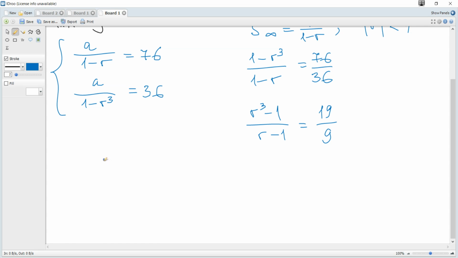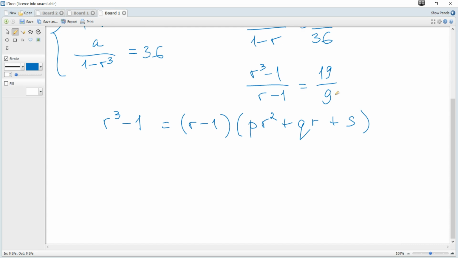Let's consider r cubed minus 1. 1 is a root, hence r minus 1 is a factor, and using remainder theorem it can be rewritten as r minus 1 multiplied by a polynomial of degree 2, and let it be p r squared plus q r plus s, and since 1 is a root, r minus 1 is a factor, so remainder is equal to 0.